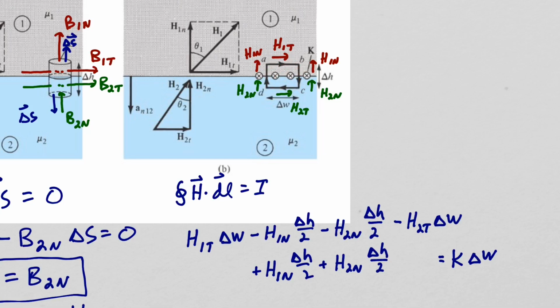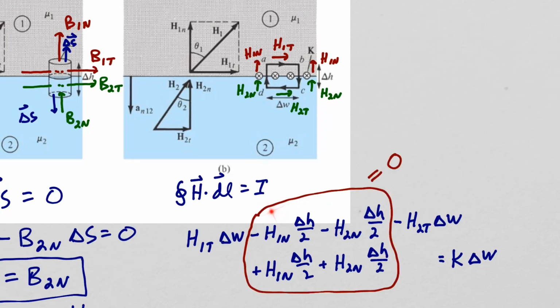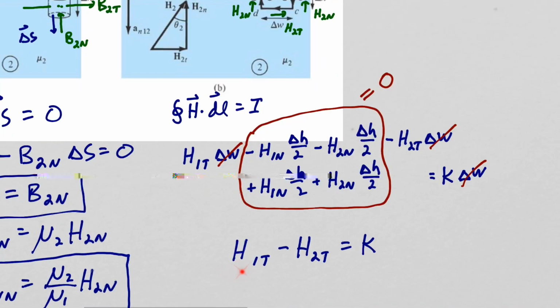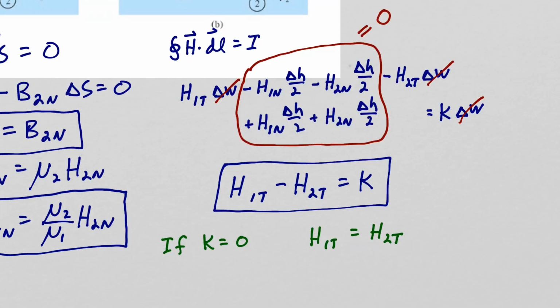So the current inside our Amperian loop that is flowing into the page is K times delta W. So the normal terms sum to 0, and we can divide both sides of our equation by delta W. So we're left with H sub 1 tangential minus H sub 2 tangential is equal to our surface current density. If our surface current density is 0, we see then our tangential components of the magnetic field intensity are continuous.